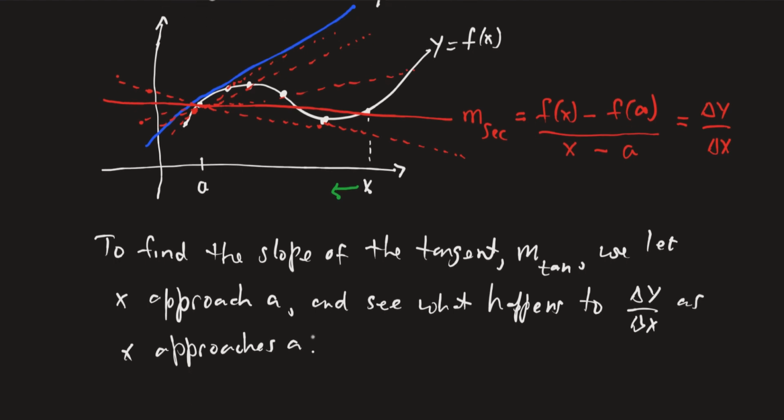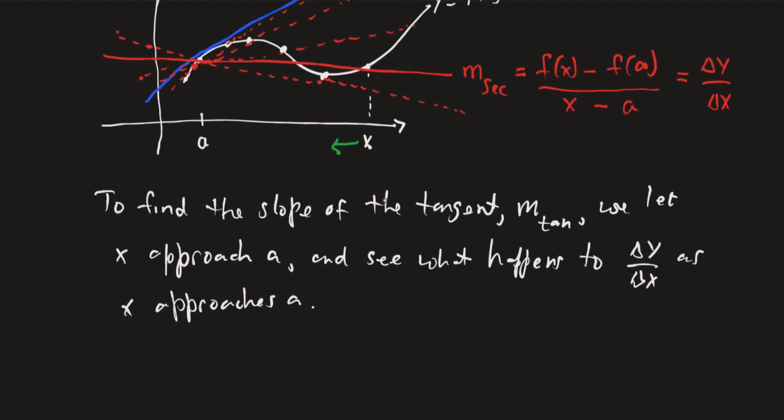Now, what operation did we have? We just studied quite a bit of where we're letting things get very, very close to fixed numbers, for instance, right? That sounds a lot like a limit, and that's precisely what is needed here, right?